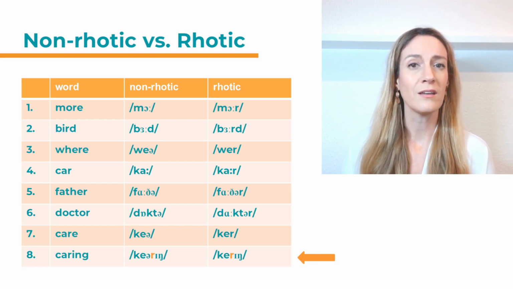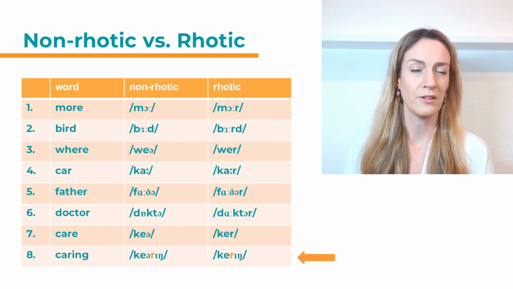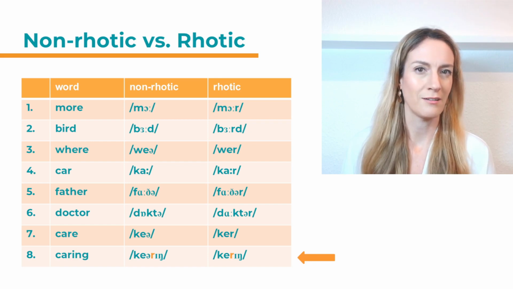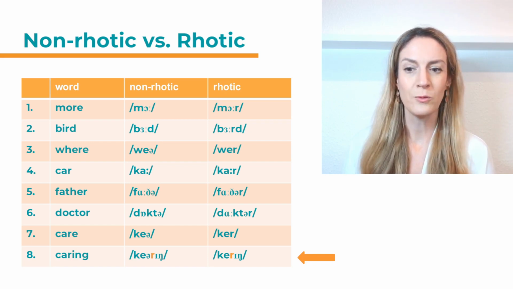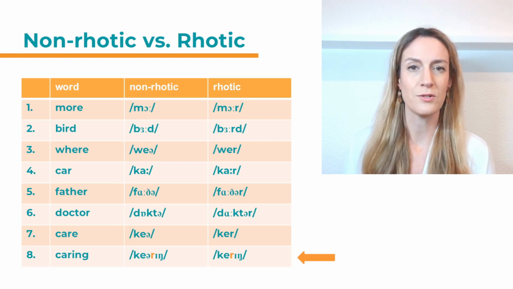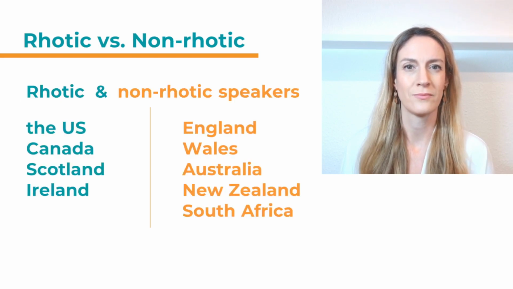And so here the r is before the vowel sound and we pronounce it in rhotic and non-rhotic accent. So there's no difference anymore. But I hope you were able to hear the difference between non-rhotic and rhotic accent in these words.